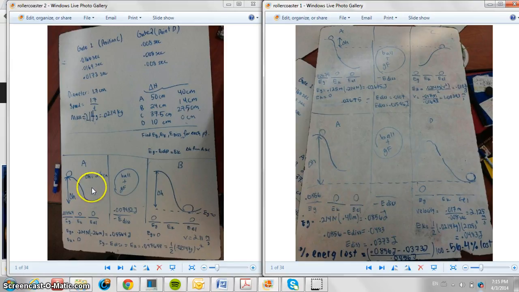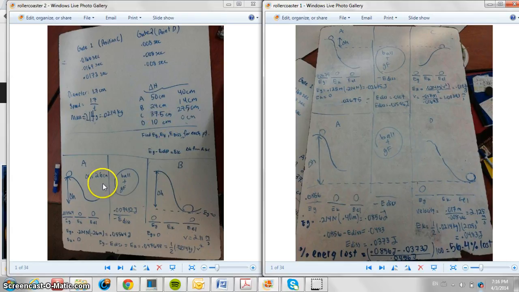At each of the points we have E dis because there's change in heights, as you can see here, 50 centimeters to 24 centimeters, and then back up to 37.5 centimeters, and then back down 10 centimeters. We can't just take the initial amount of gravitational potential energy at point A and subtract it from the gravitational potential energy at point D, because that wouldn't be accurate.